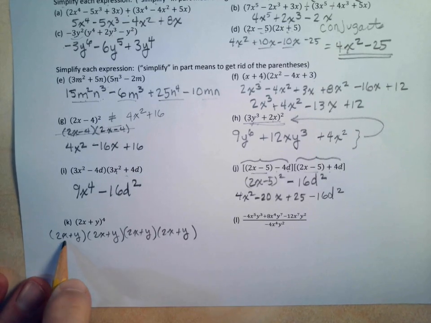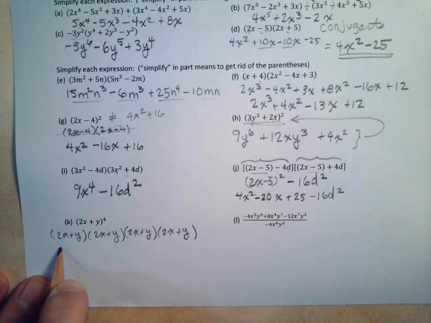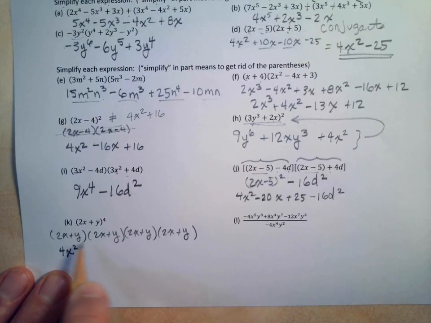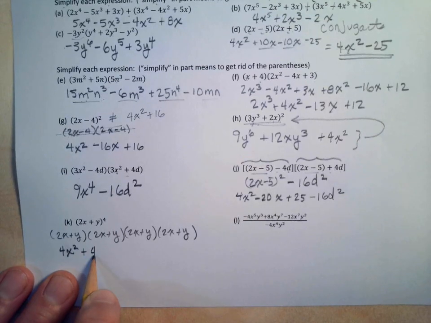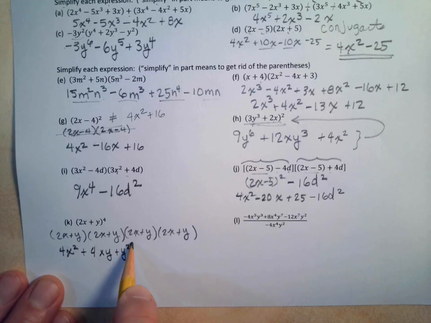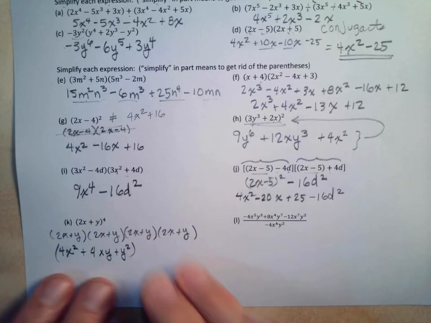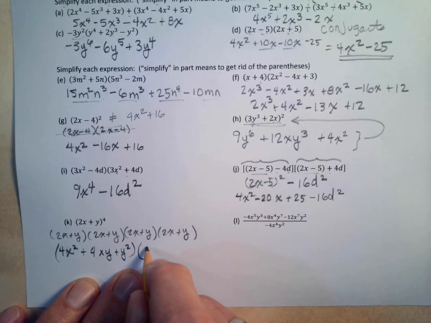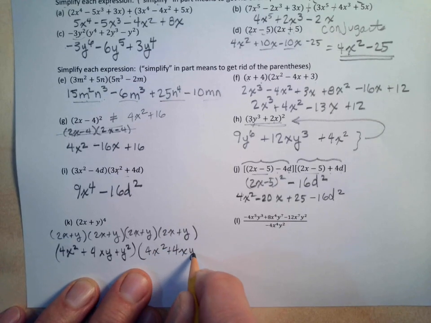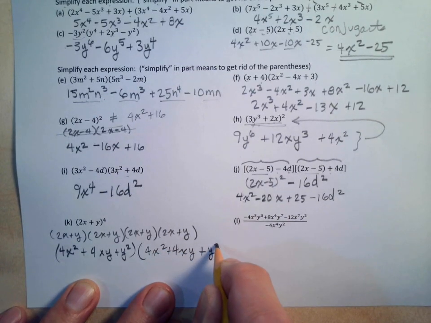All right, so I could FOIL these two together and get 4x squared, twice the product of the two, so that's going to be plus 4xy, and then plus y squared for the first two. But I'm going to get the same thing over here: 4x squared plus 4xy plus y squared.